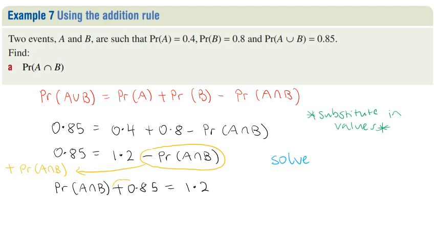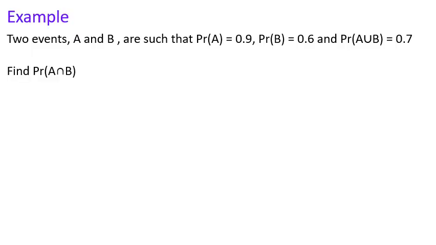Then I'm going to subtract this. The opposite of plussing is subtract. So subtract 0.85. Therefore, probability of A and B is 1.2 minus 0.85. That equals 0.35.